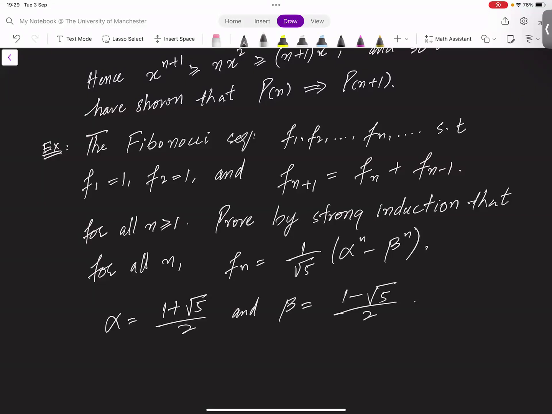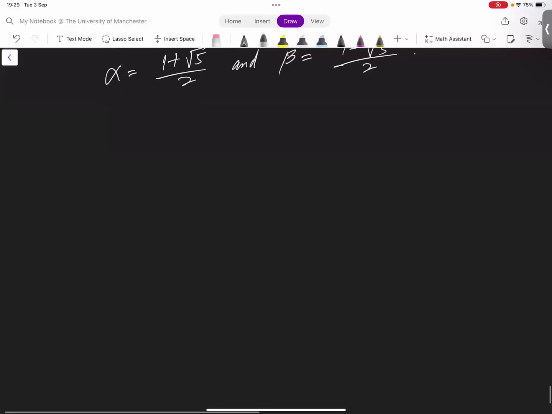Okay, perfect. So let P of n be the statement that f of n is 1 over under root 5 times alpha power n minus beta power n.